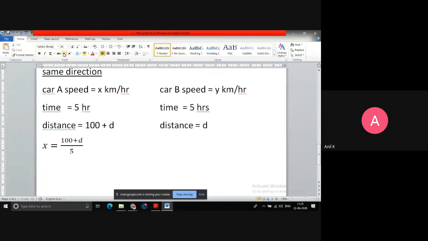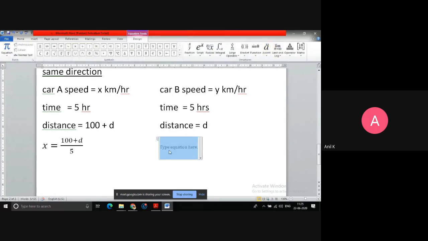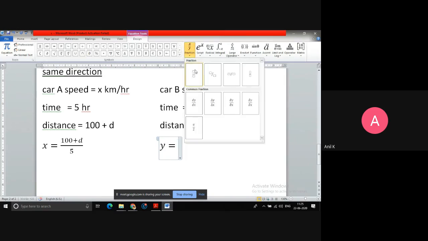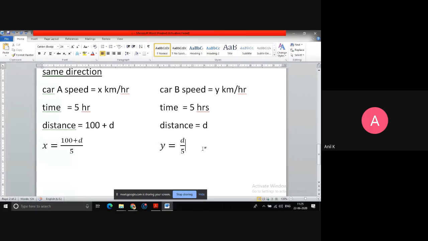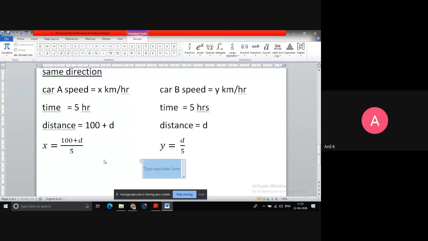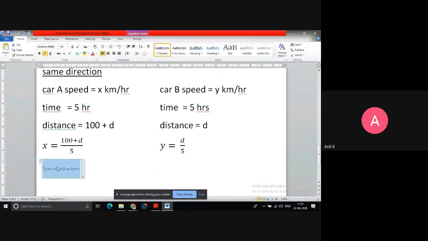Here also I'll use speed equals distance upon time. The speed of car B is y equals distance d upon time 5. Now let me come back to the first equation: x equals 100 plus d upon 5.